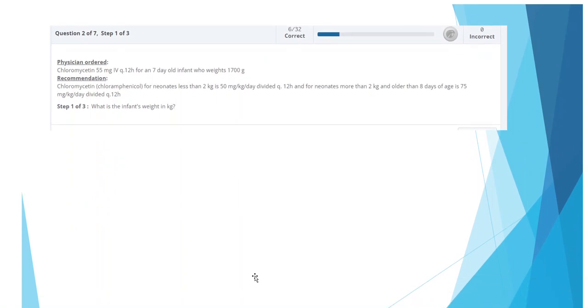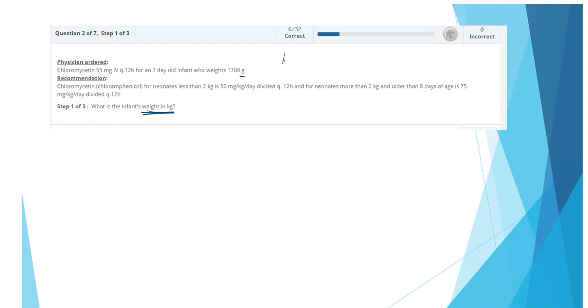Okay, let's go to the next part. This is a new question. We have clarithromycin 55 milligrams IV every 12 hours for a 7-day-old infant who weighs 1,700 grams. So the first step in this question is to find the weight in kilograms. Notice this time I'm in grams, not in pounds. So I'm not going to use 1 kilogram equals 2.2 pounds.